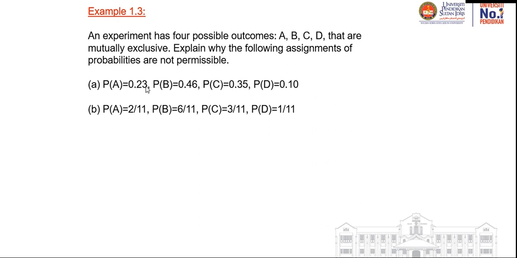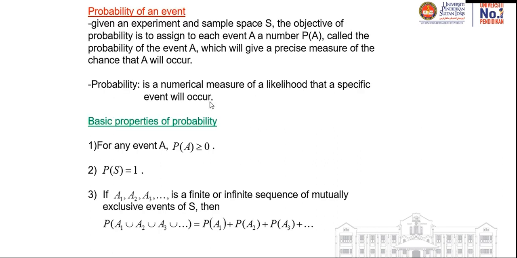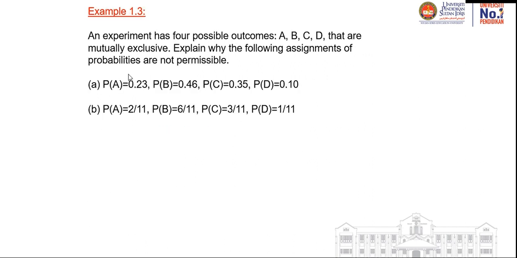How about the total? Maybe you can just take out your calculator. The total PS equals PA plus PB plus PC plus PD. So you need to add 0.23 plus 0.46 plus 0.35 plus 0.1.